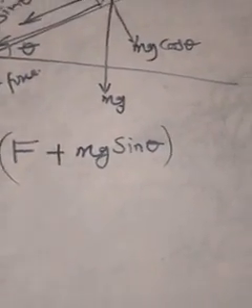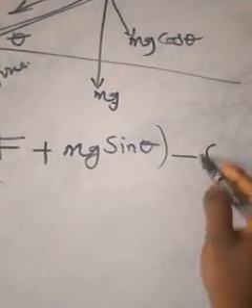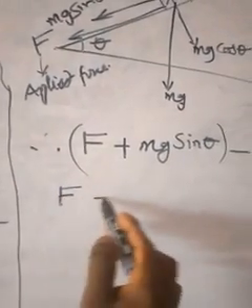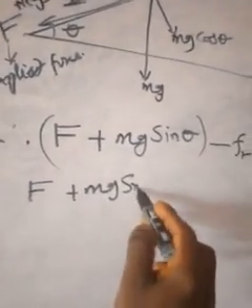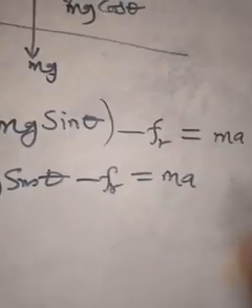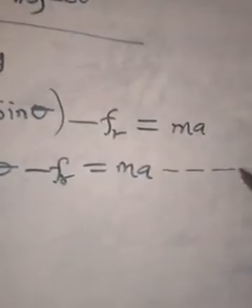So we have F, the applied force, plus mg sine theta minus the frictional force giving us the resultant force. So we have F plus mg sine theta minus frictional force equals mass times acceleration. This is equation 3.